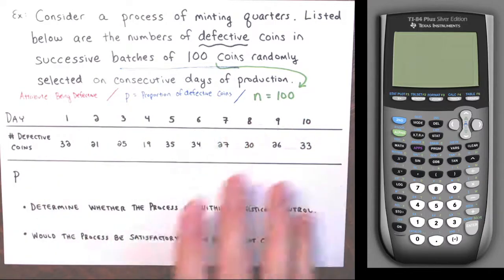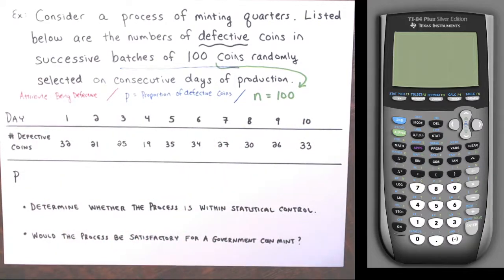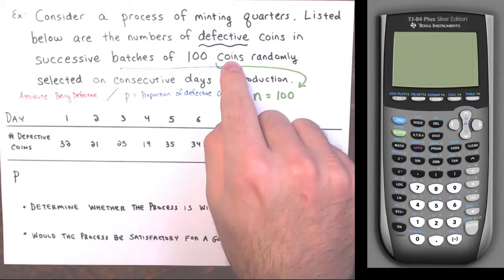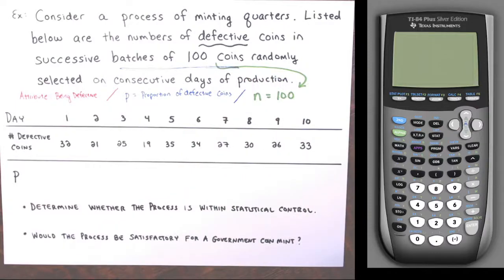So here's how I'm going to read this chart, okay? So the Denver Mint, they produce a bunch of coins. Obviously, they produce more than 100 quarters a day, right? I should have said quarters, not coins, but they're coins. But they're going to try to monitor defectiveness, right?